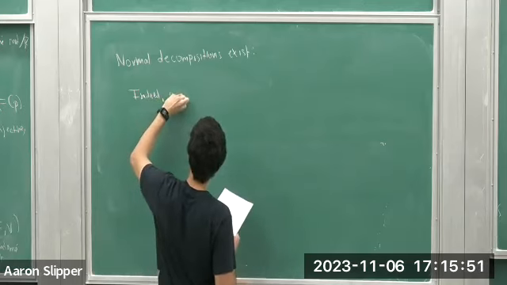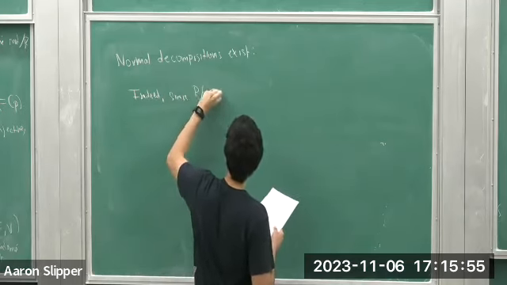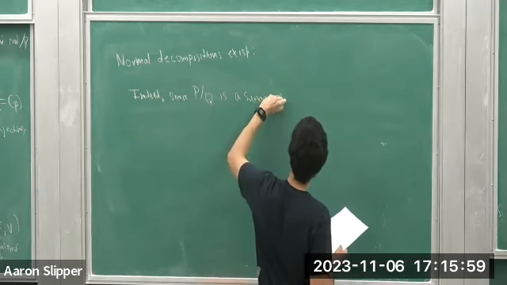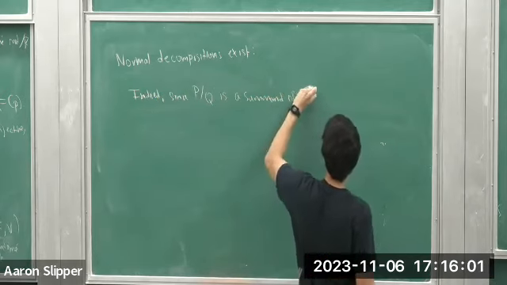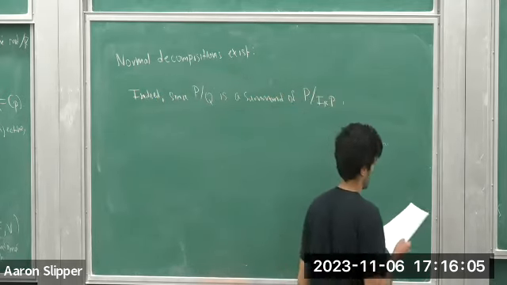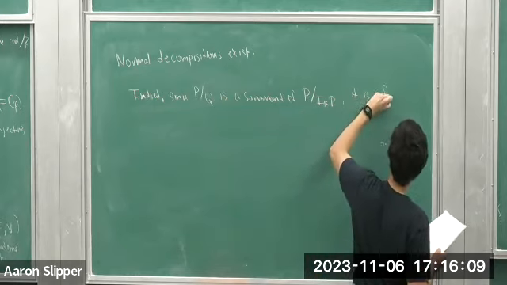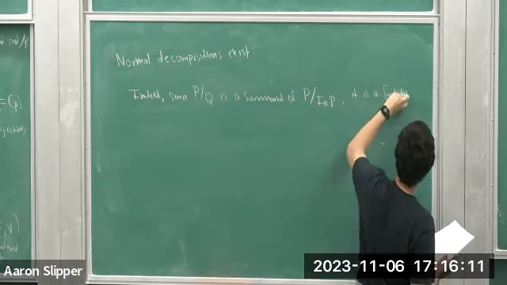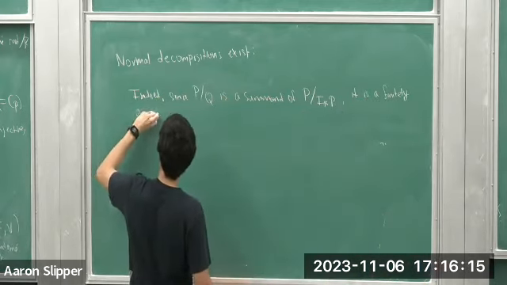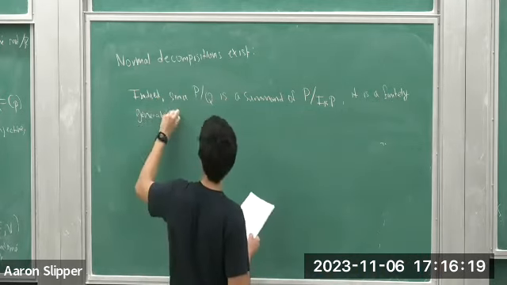Since P mod Q is a direct summand, there is a finitely generated projective module.